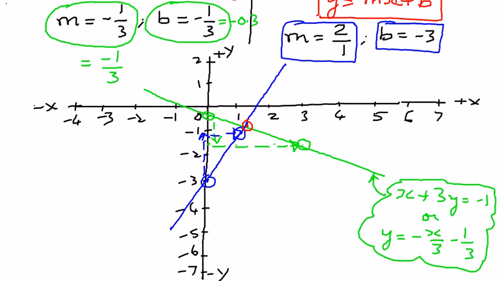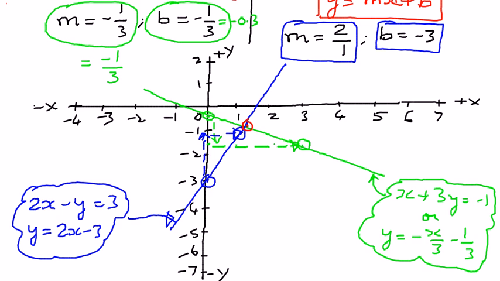Before I go further, let me also name this line, which is 2x minus y is equal to 3, and then that is in the non-standard form, or in the standard form we can also write this one as y is equal to 2x minus 3, like that.